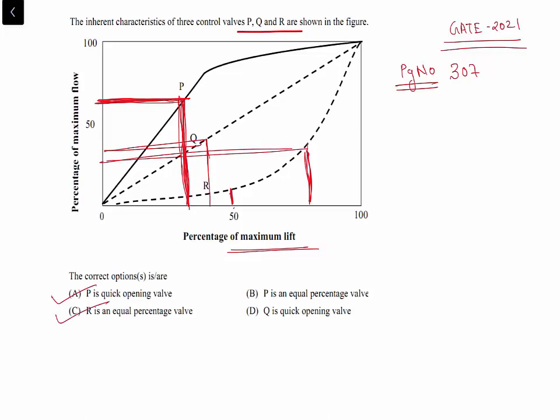As you are moving forward, for the same value, there is slowly an increasing sensitivity. So R is an equal percentage valve. So both answers A and C are correct.